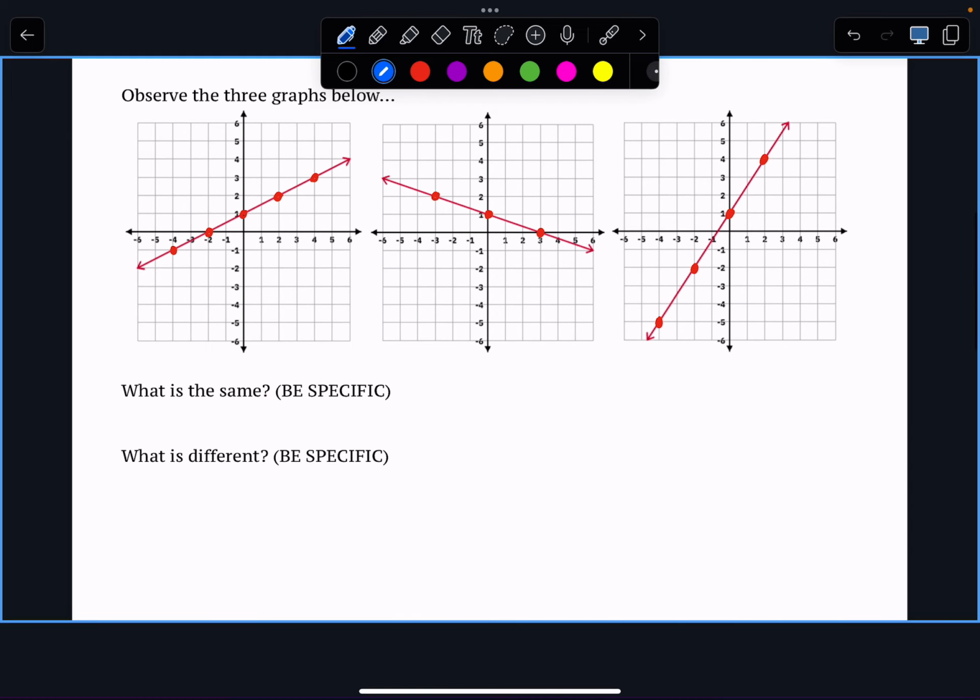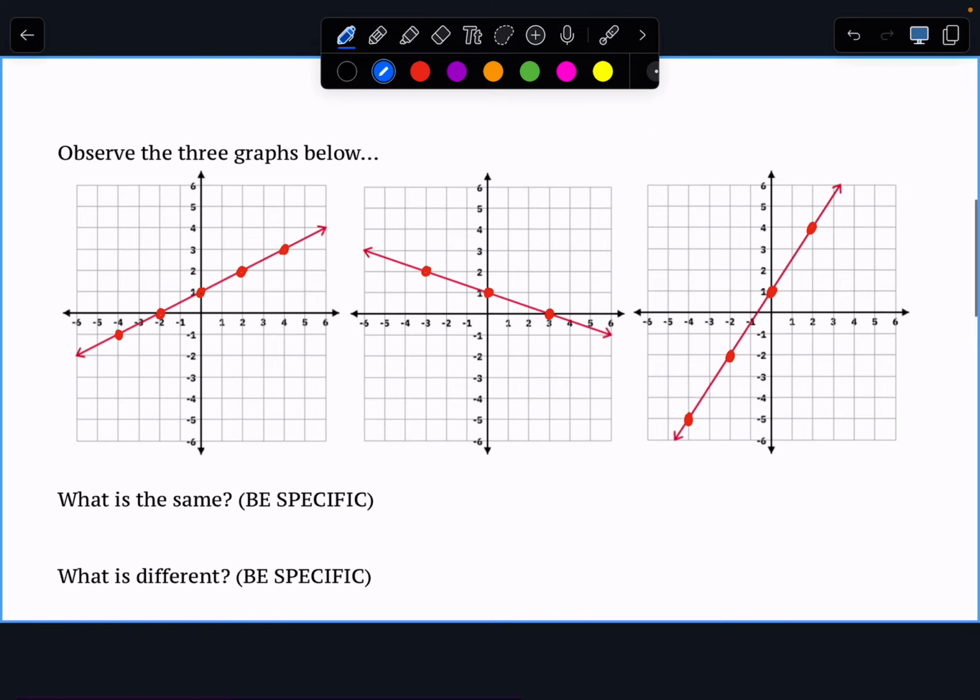Okay. Now, in the second set, you noticed that they have different slopes, right? Some are positive, some are negative. I think that was obvious to a lot of you. Some groups were really good about figuring out what exactly was the same, and some of you got a little panicked, okay?